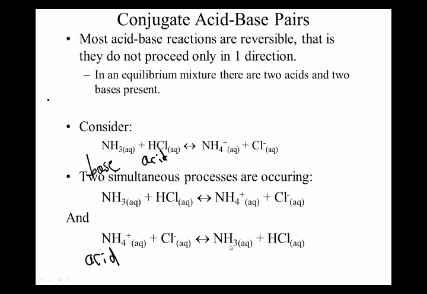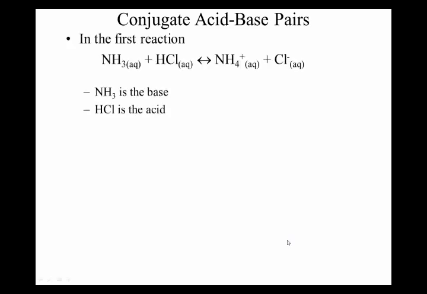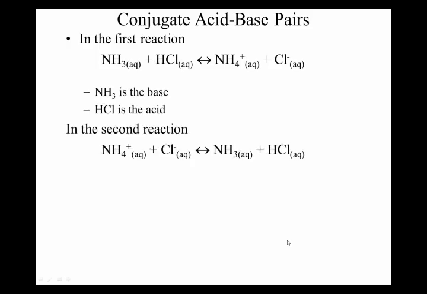It loses its proton. And then that makes chloride the base because it accepts the proton, right? So, in the first reaction, ammonia is the base, HCl is the acid, but if you look on the other side, the chloride is the base, and ammonium is the acid.